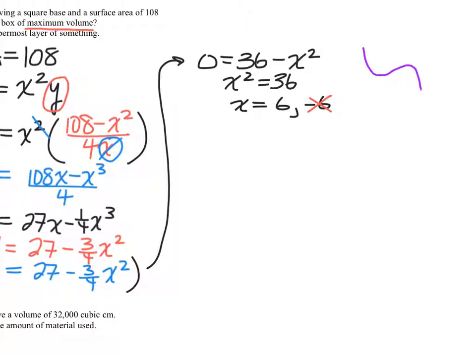Something that could look conceivably like this. It would have a minimum first and then a maximum if it were going to have two critical values. So that could be enough justification for you to say that the 6 is going to be the relative max, just based on your knowledge of cubic functions.